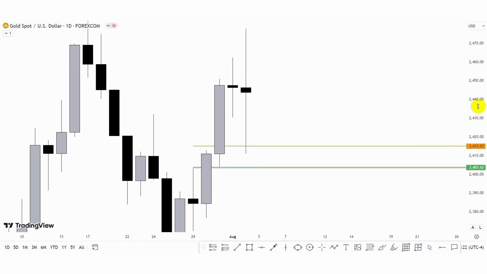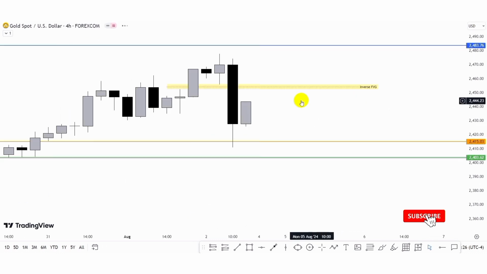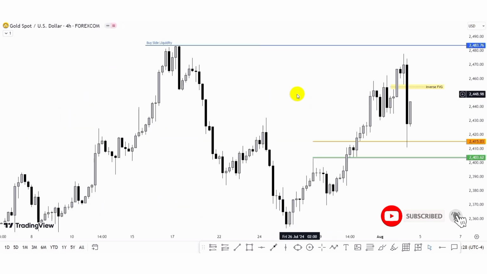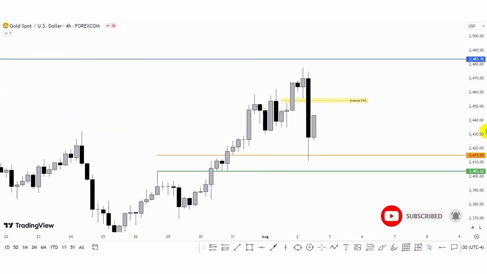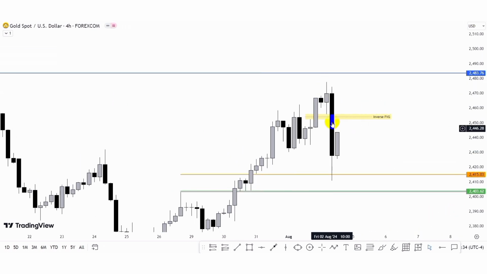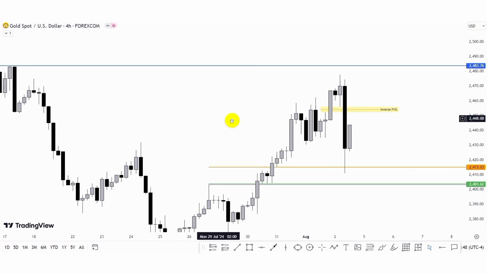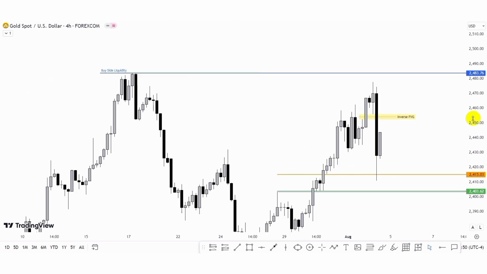So let's actually drop to the 4-hour time frame. So here we are in the 4-hour time frame. We can see that we have this order block to the downside. We have this momentum push of price to the downside. So price mitigated this order block, and then the price imbalance we have left here based on the 4-hour time frame.